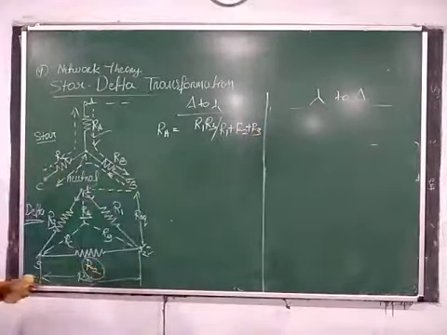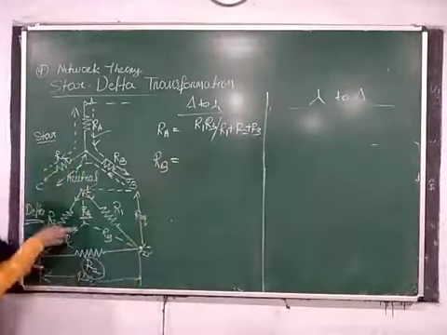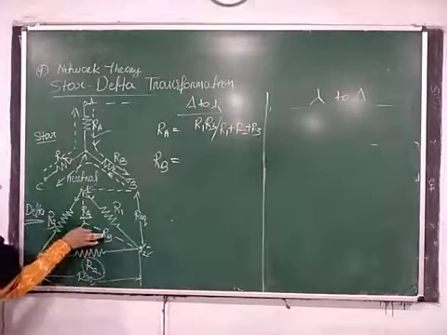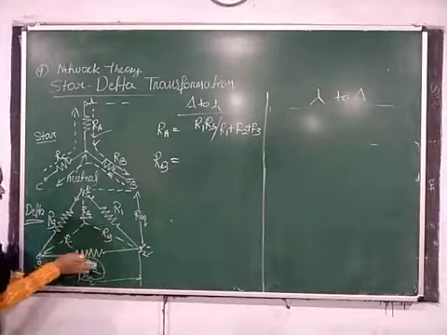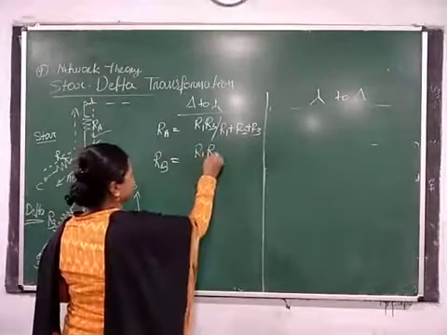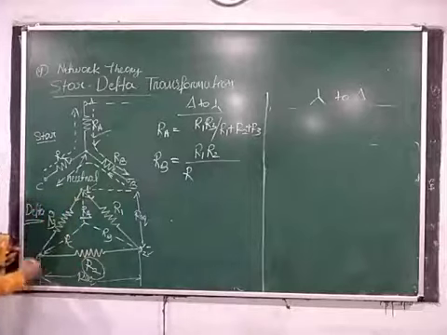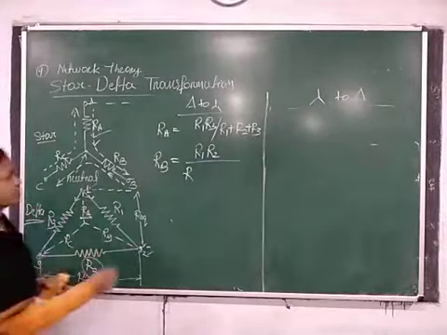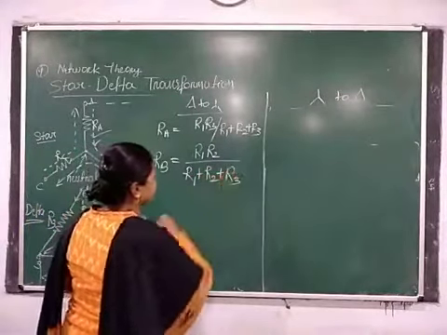Okay. Similarly RB: we want this star resistance with respect to delta. RB is between two delta resistances, R1 and R2. So their product R1 R2 divided by the addition of the resistances in delta connection, R1 plus R2 plus R3.